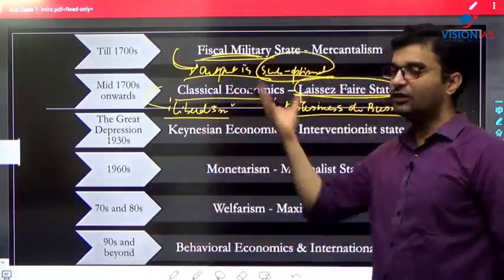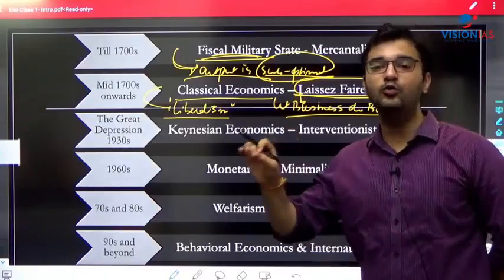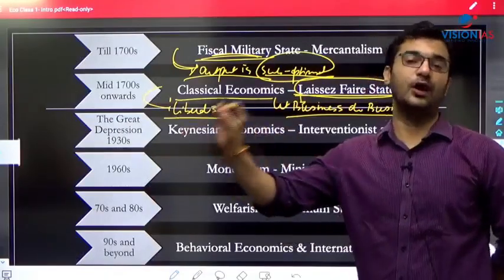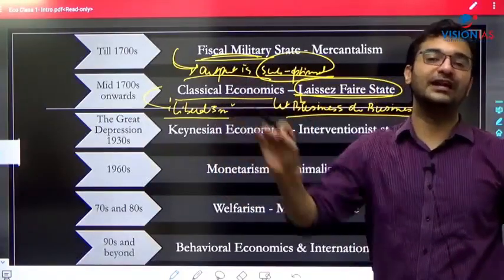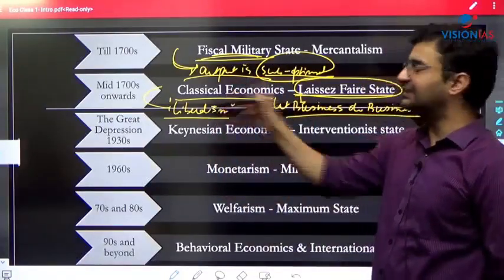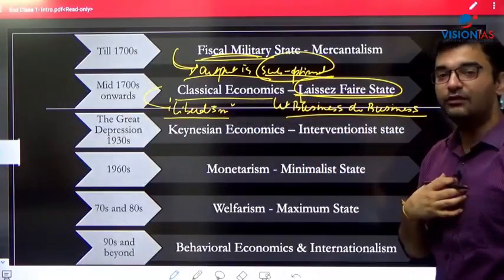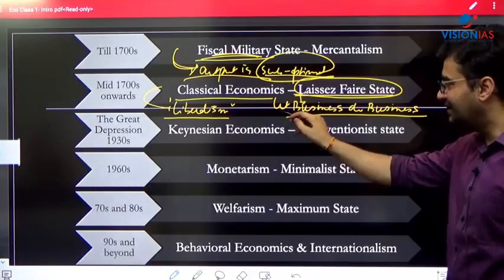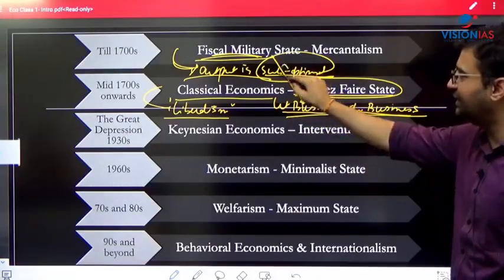This classical economist talks about freedom, the freedom of an individual to choose how he or she wants to use his labor, how he or she wants to use his skill. How do I want to utilize the resources that I have? This is what classical economists say. And because it says liberty of an individual, it says let business do business, meaning the state should not interfere.